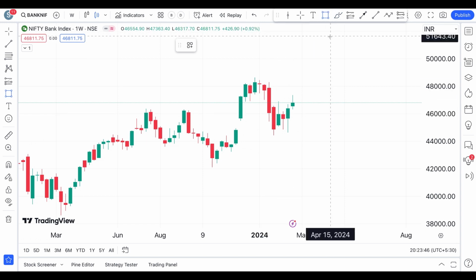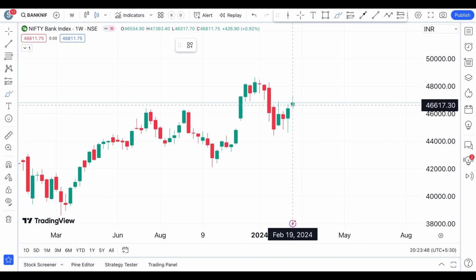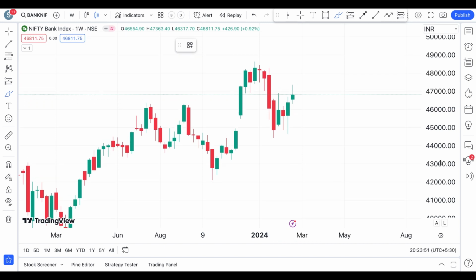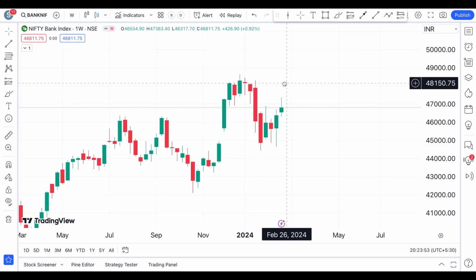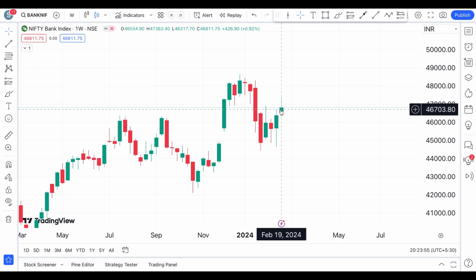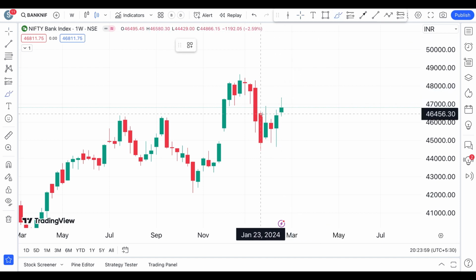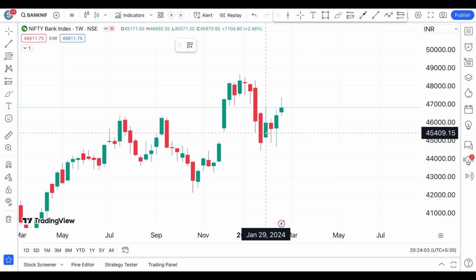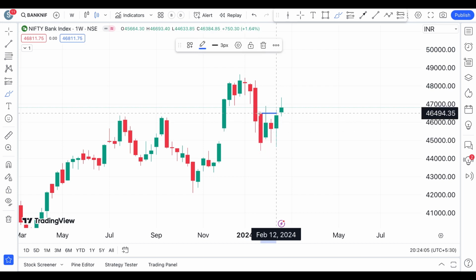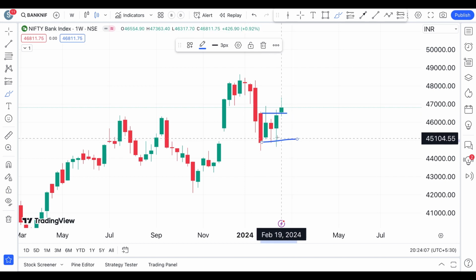The first thing is, this last candle that you see here is last week's price action for the Bank Nifty. But if you notice a bit carefully, what happened in the last week of January is you have seen this green candle, which is giving us an inside candle formation there.